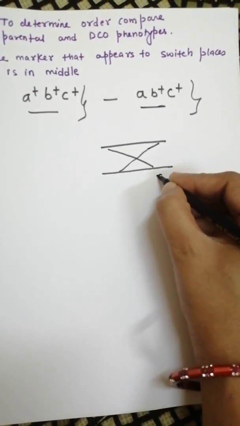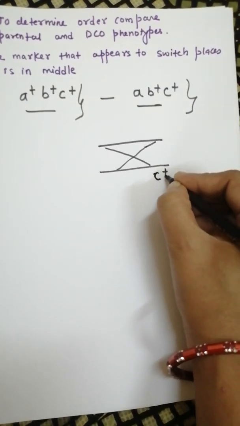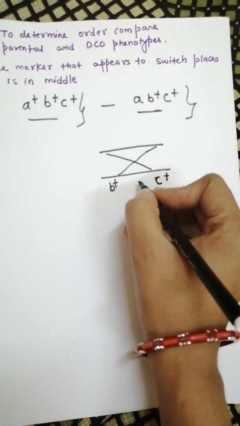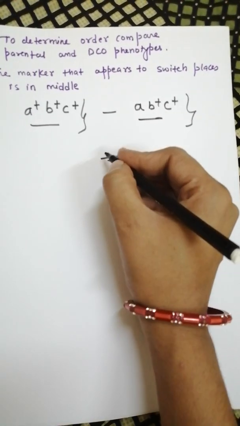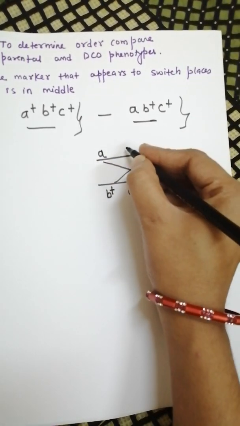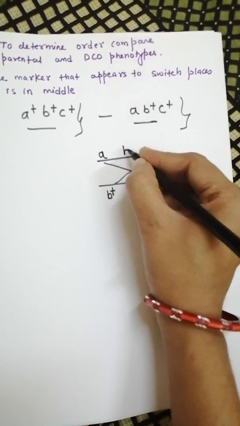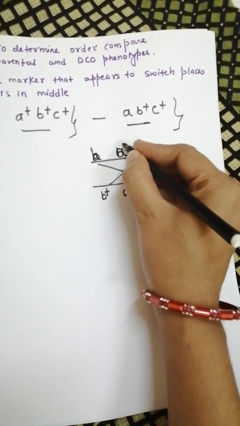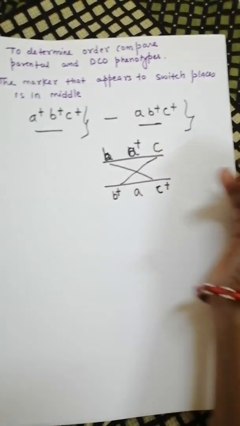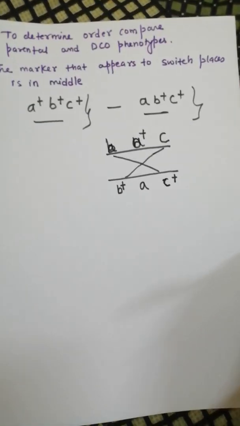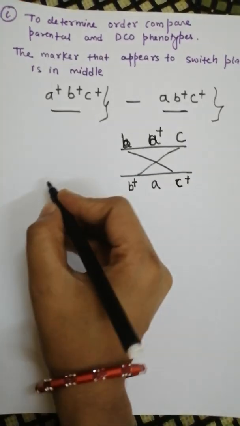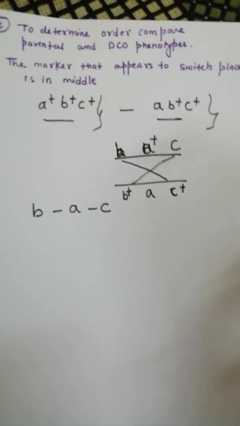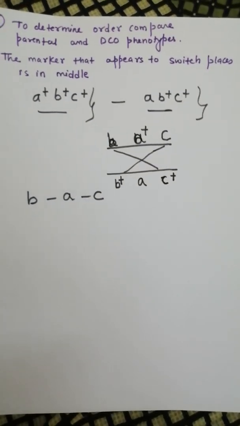then here C plus, B plus, A and B, A plus C. So we find the gene order will be B, then A, then C, because the middle place is switched.